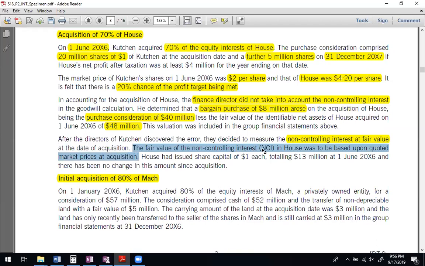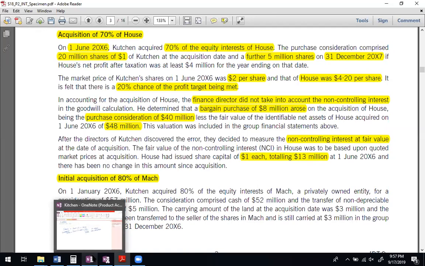So we are going to calculate NCI based on the quoted market price, which was $4.2. House had issued share capital of $1 each, totaling $13 million. This means that the number of shares were also 13 million at 1st June 2026, and there has been no change in this amount since acquisition.